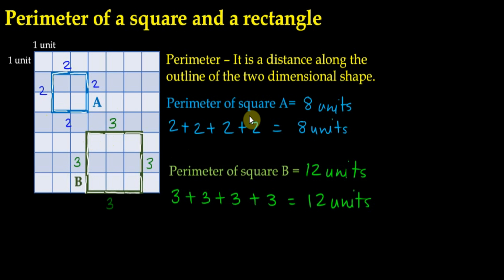So for perimeter of square A, we added 2 4 times. So in another way, we can write it as 4 times 2. That will again give us 8 units. Similarly, for the perimeter of square B, we added 3 4 times. So here also we can write it as 4 times 3, that is again 12 units.